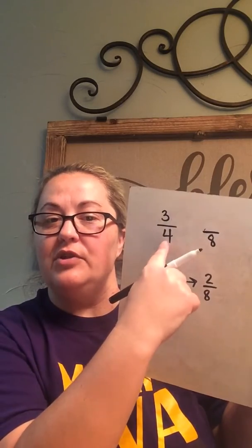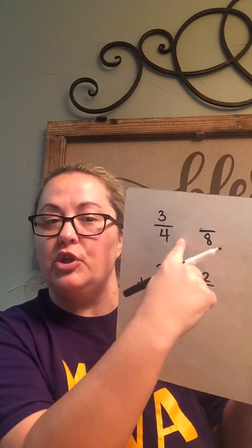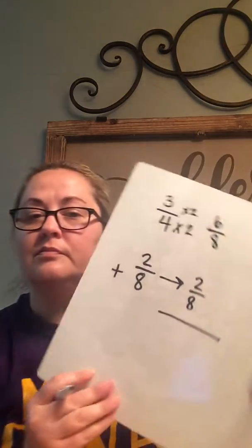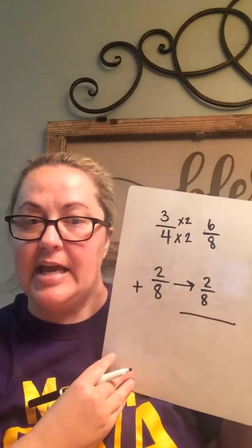We have to do 4 times 2 to get to 8. Okay? So I'm going to multiply both my denominator and my numerator by 2. Okay? Now, I have 6/8 plus 2/8.